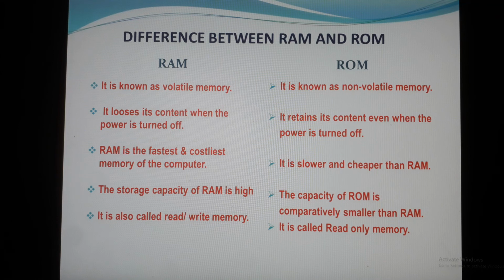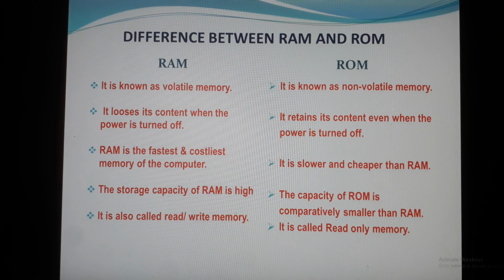Now let us see the difference between RAM and ROM quickly. RAM is known as volatile memory, while ROM is known as non-volatile memory. In RAM, it loses its content when the power is turned off, but in ROM, it retains its content even when the power is turned off.